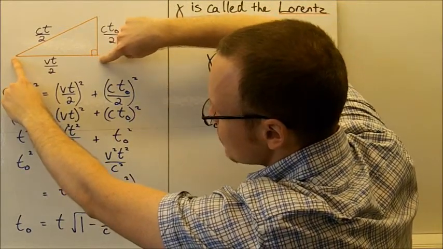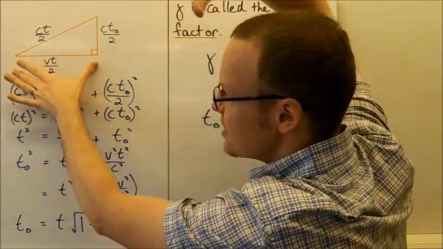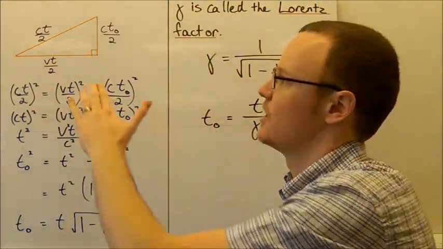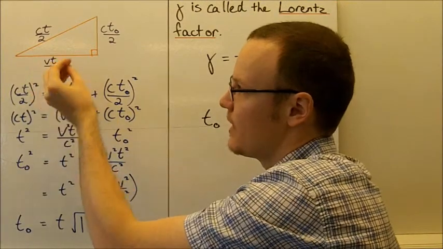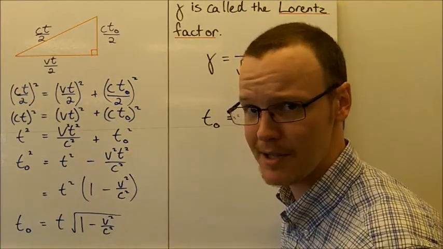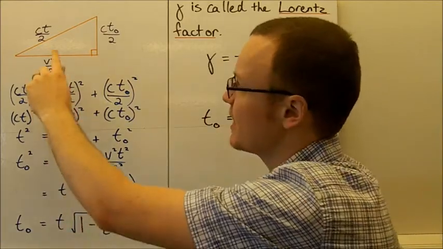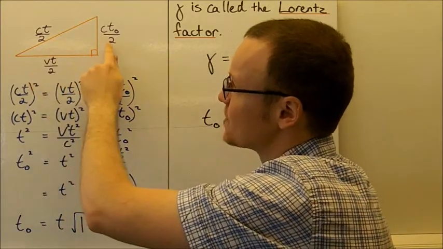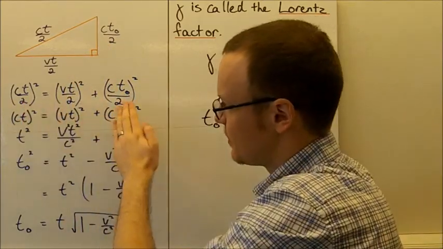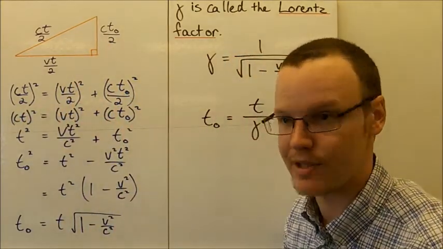And here, along this side, we've got the distance relating to the velocity of the carriage, the movement of the carriage, as viewed by the outside observer. So we can just use Pythagoras' theorem that c squared, the hypotenuse squared, equals the square of this side plus the square of that side to give a relationship between the different sides.